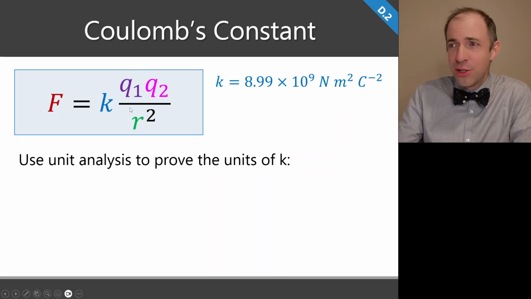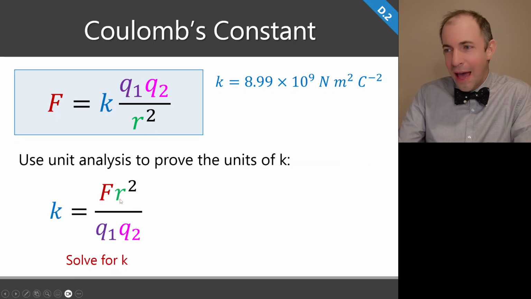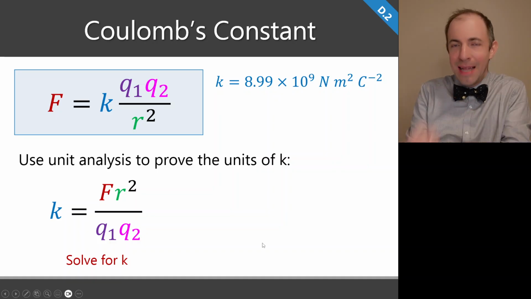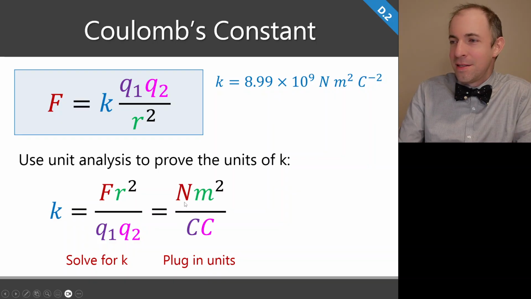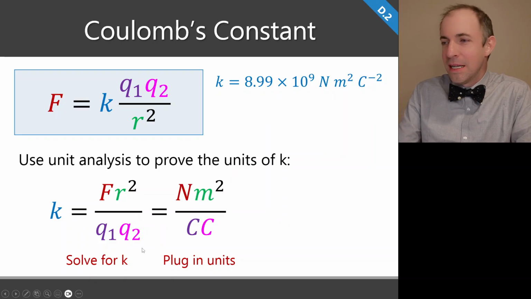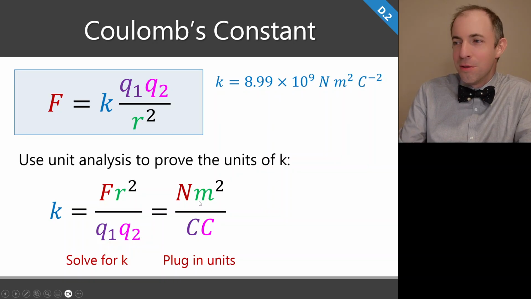If I take my equation and I solve it for k, I get something like this. k is equal to F r squared divided by Q1 times Q2. Now I can use dimensional analysis and plug in units for this. F is newtons, r is meters, then each of the Q's is coulombs. So I've got newtons square meters divided by coulombs times coulombs.